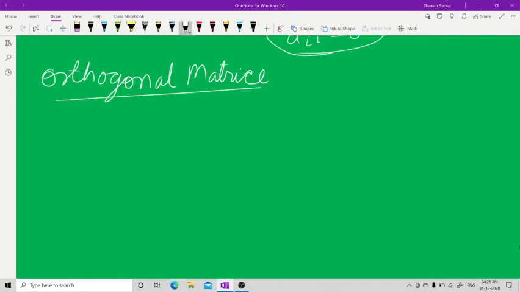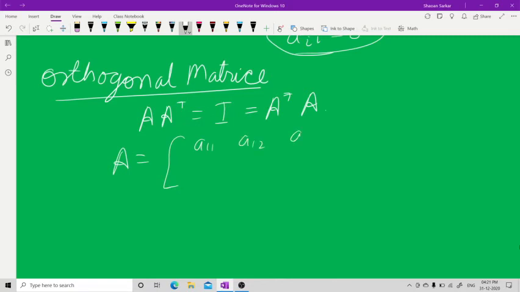Now in this, the first thing is that A transpose A should be equal to the identity matrix, which is equal to A A transpose. Now A is A11, A12, A13, A21, A22, A23, A31, A32, A33.